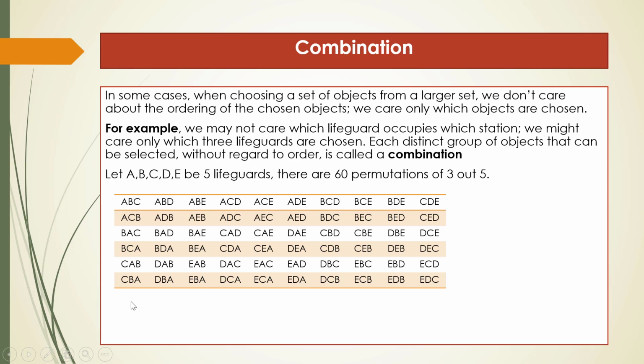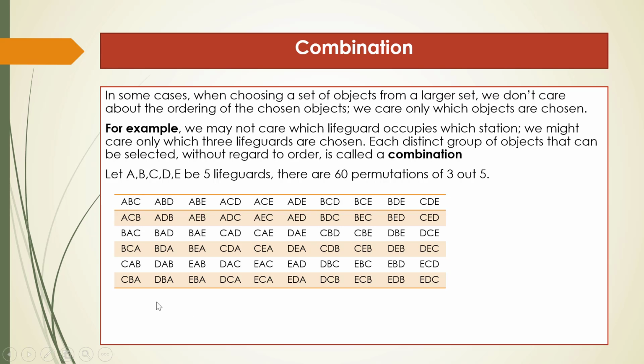However, if the order of the letters doesn't matter, then we can treat ABC the same as CAB or ACB or BAC or BCA. So we have only 10 distinct groups of 3 letters.